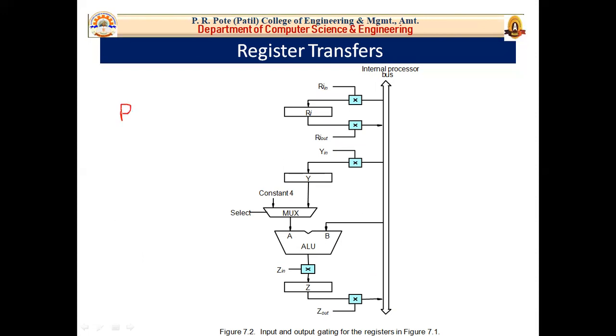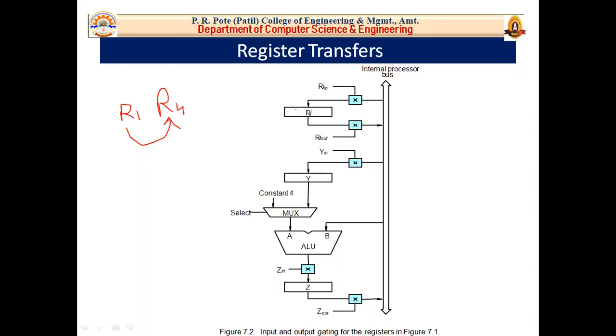So we have one register R1 and another register R4. And now we have to transfer the contents of R1 to R4. So this can be accomplished as first we have to enable the output of register R1 by setting R1 out to 1.